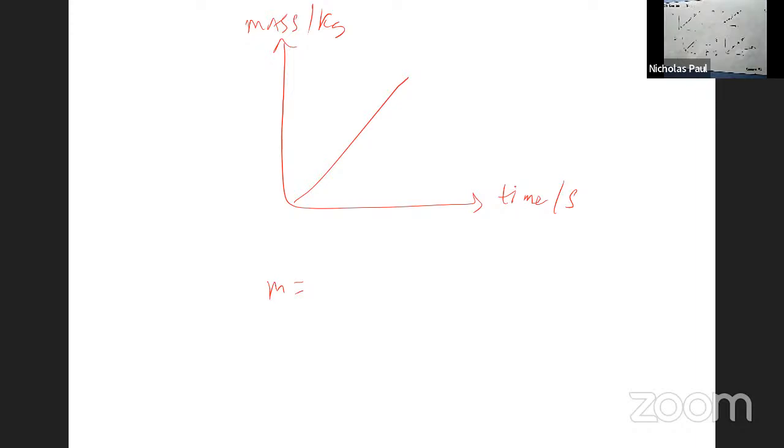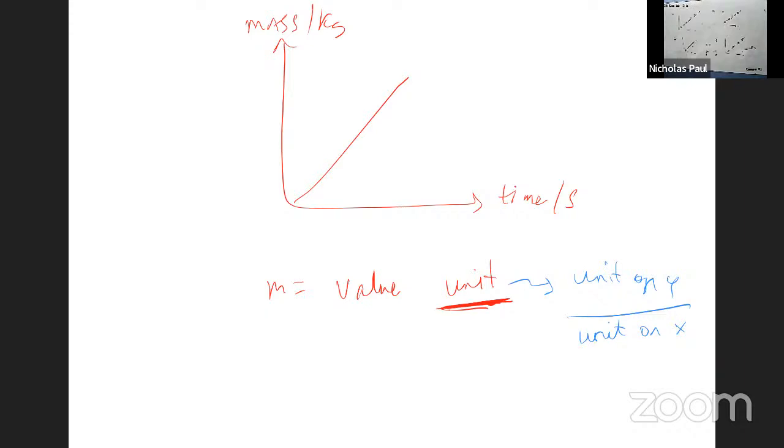That gradient will have some value and unit. How do you work out that unit? Real simple. The unit is always the unit on the y divided by the unit on the x.